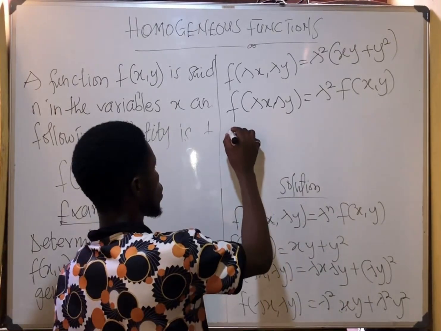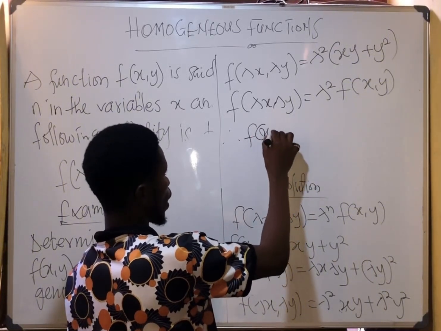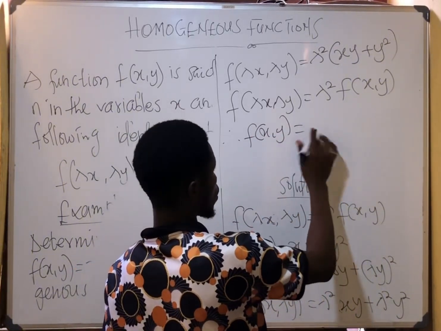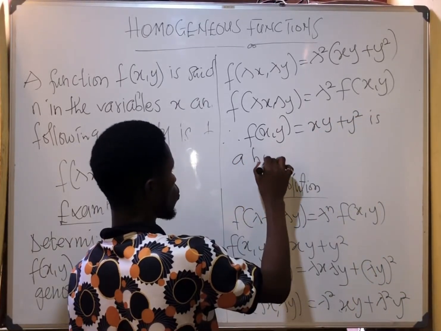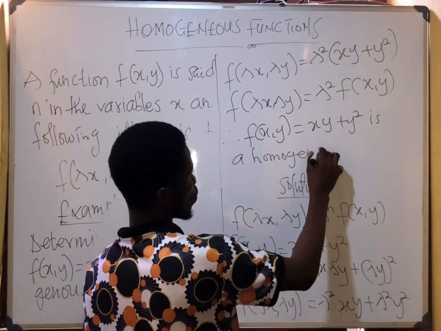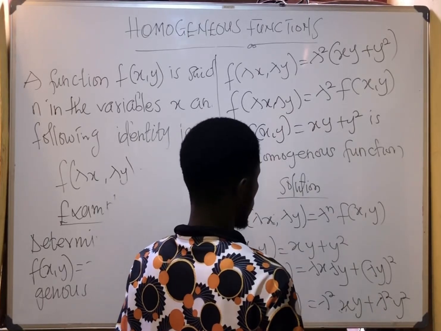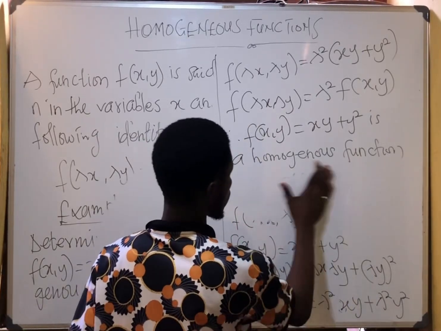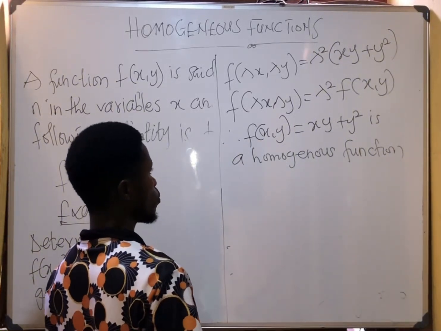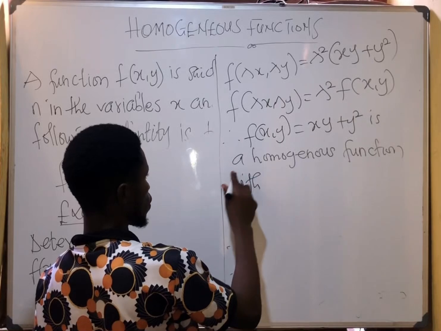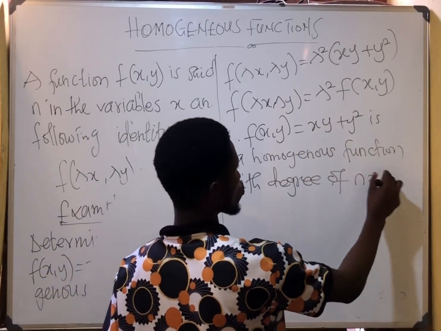Therefore, the function f of x, y equals xy plus y squared is a homogeneous function with degree n equals 2.